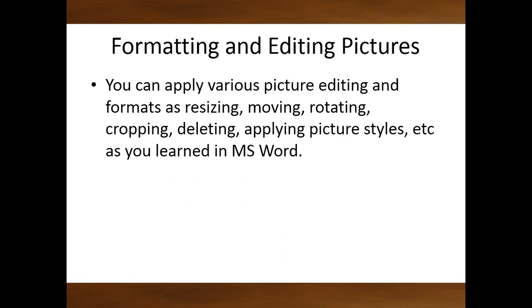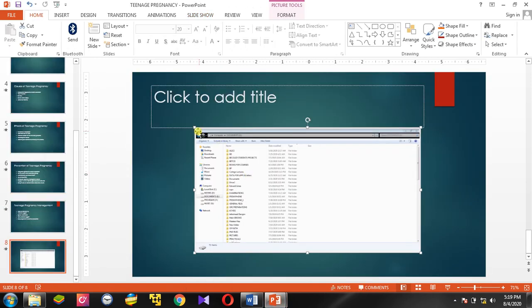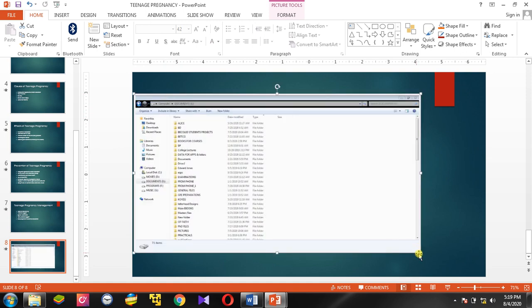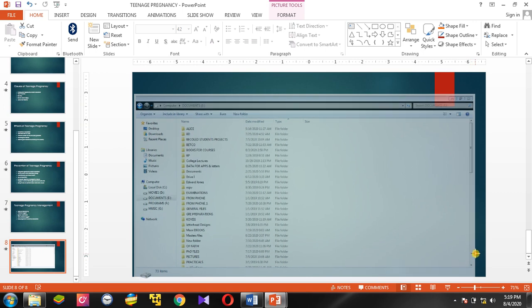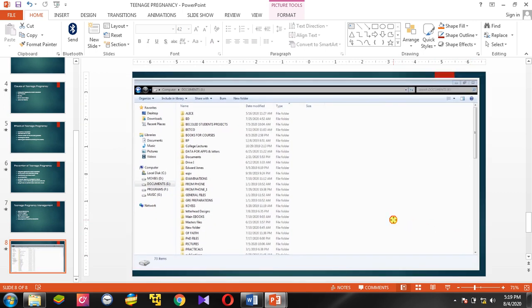So for instance, let's say I want to expand, I'm deleting this placeholder, I want to increase the size of this picture. You know what I'll do, I'll just use the resize handles to increase the size.